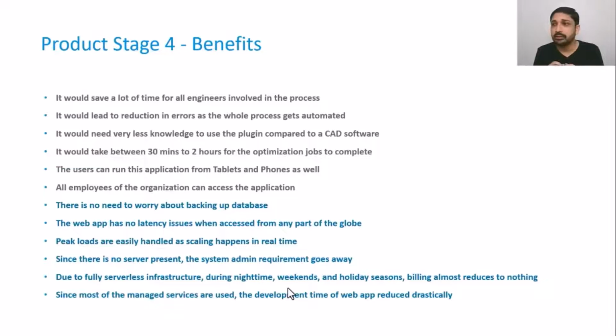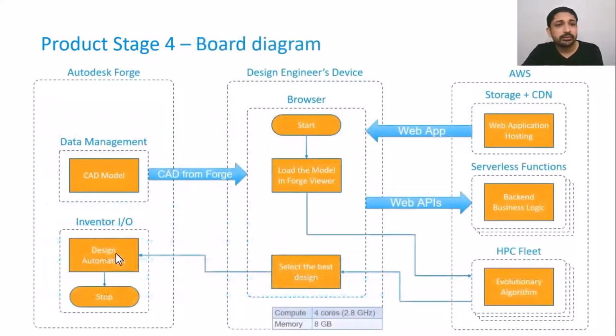And then we need to scale the infrastructure so that whenever load comes, we spin up new compute environments and perform the workloads. Right, that's what the board diagram also says. The major difference is only in these two blocks at the right bottom corner.